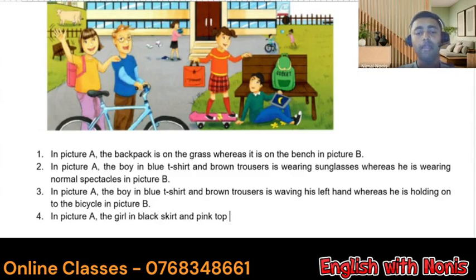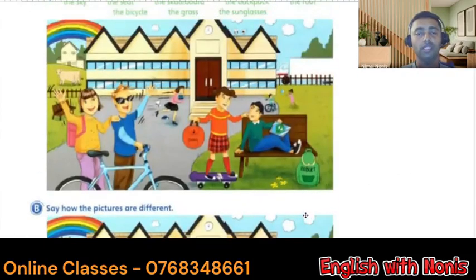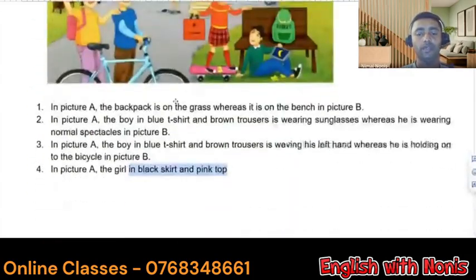See, we are describing who the girl is. Then it's understandable. There is only one girl in this picture who is wearing a black skirt and pink top. So it's easy to identify the person. So that's why you write the girl in black skirt and pink top.